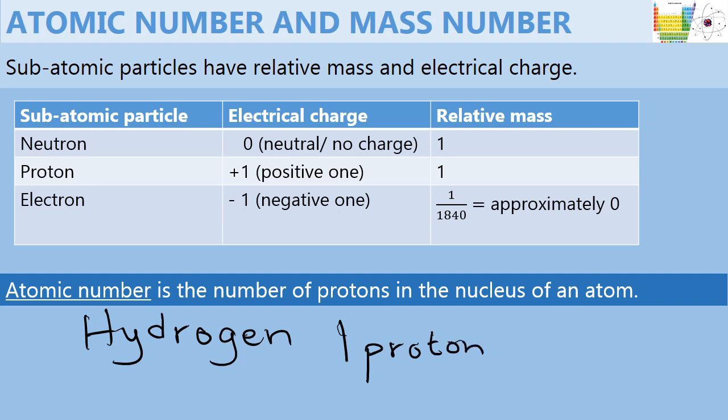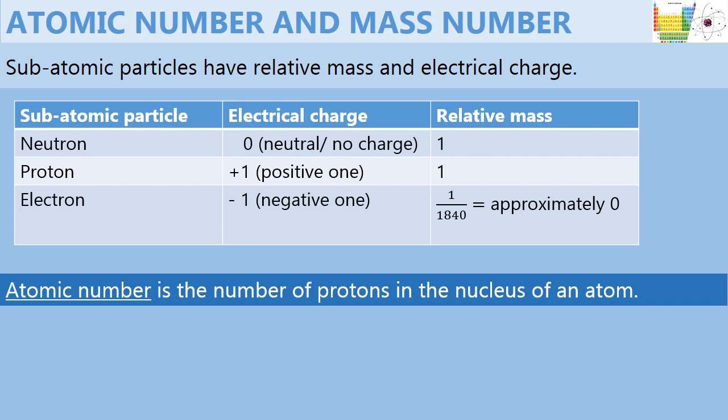Therefore, it has an atomic number of 1. Helium has 2 protons. That means it has an atomic number of 2.